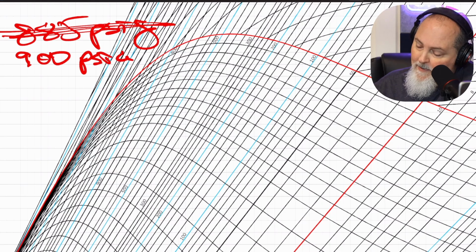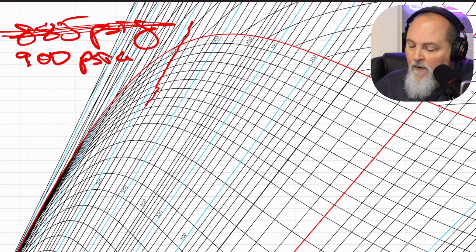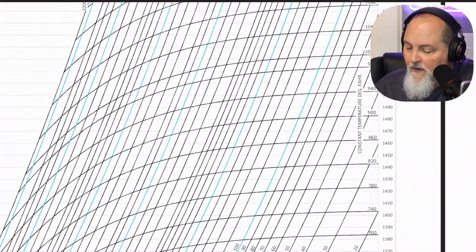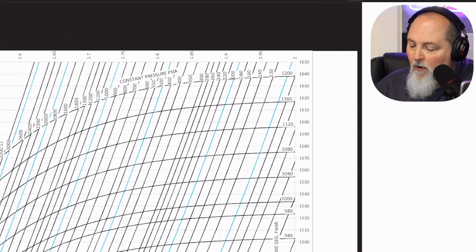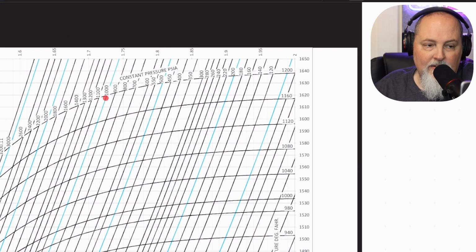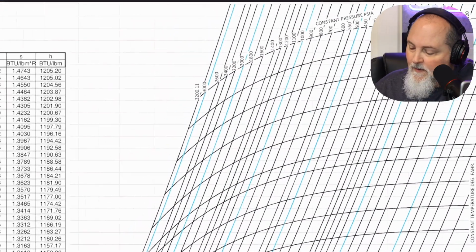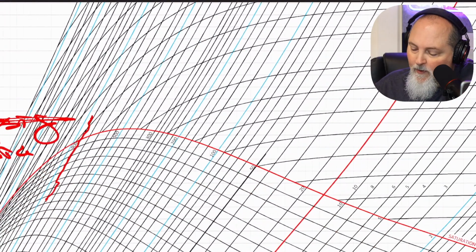I should have brought my glasses here, but it looks like we're looking at that line right there, 900 PSIA. And we can verify that because it's right next to a blue line. And the blue line, if you look all the way up here, says that it's 1,000. So we want the one underneath it, so the 900.